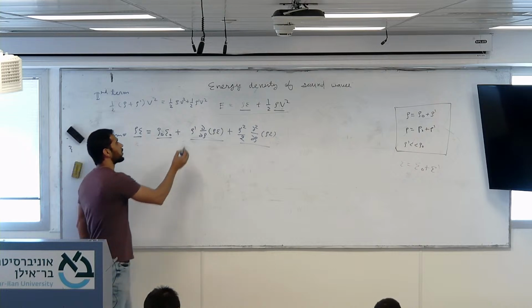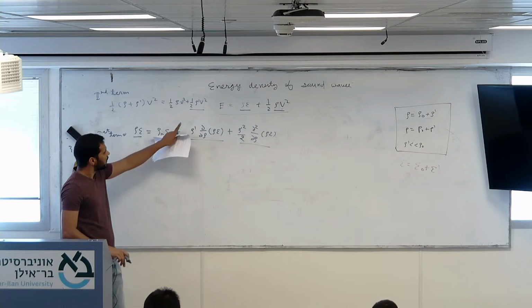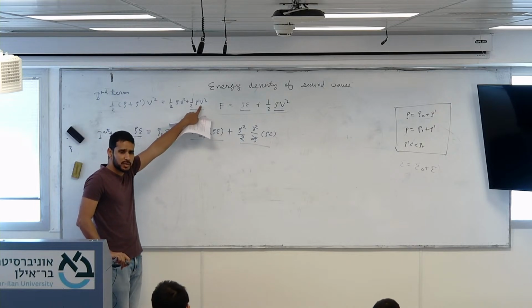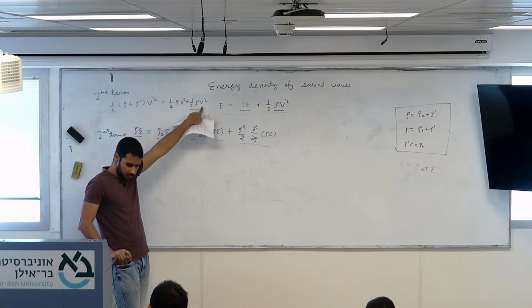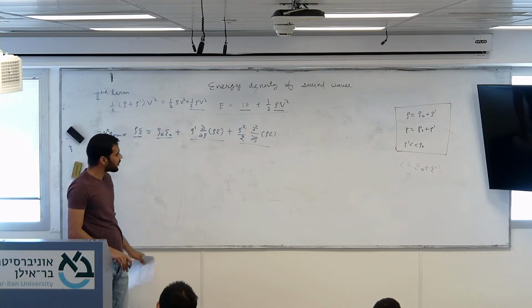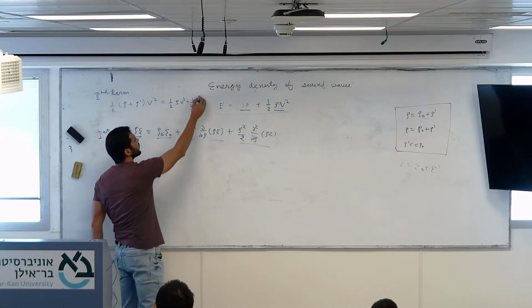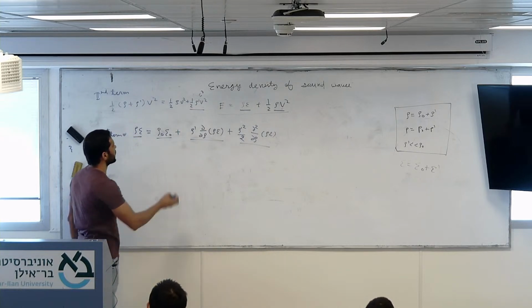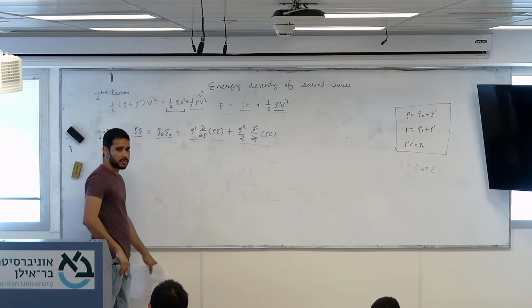Now this term is 0. 0 means much smaller, because what is this velocity? The oscillation. The oscillation of the perturbation's velocity. So it's very small. This perturbation is also very small. So we ignore this term. This is rho 0. So in the second term we are left with only one term.